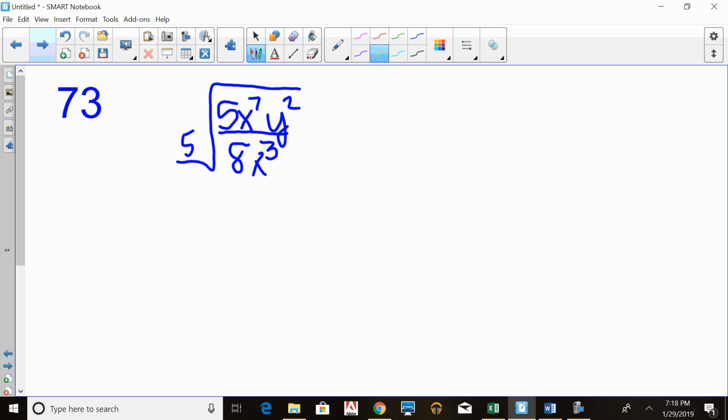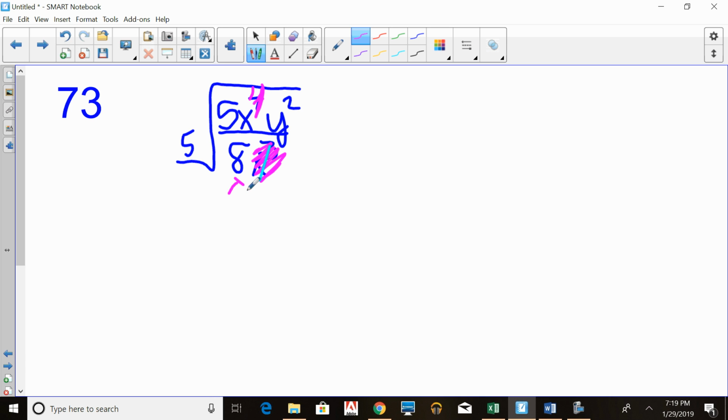All right, for 73, it's the fifth root of 5 x to the seventh y squared divided by 8 x to the third. Well, hey, look at that. Got an x to the third and an x to the third, divide out, which turns that into x to the fourth.